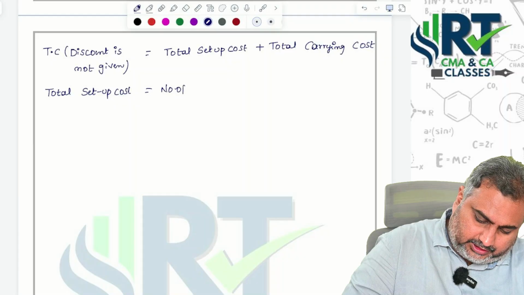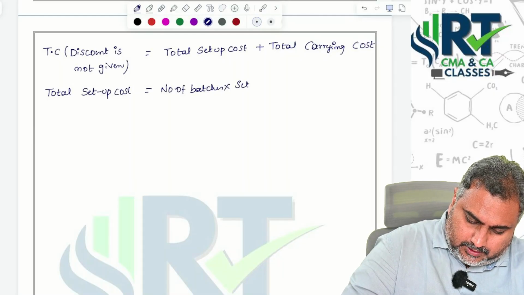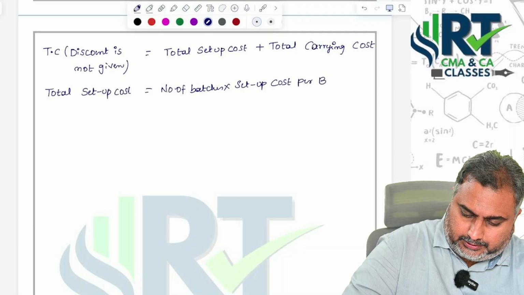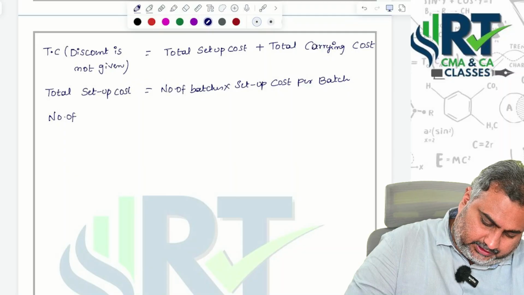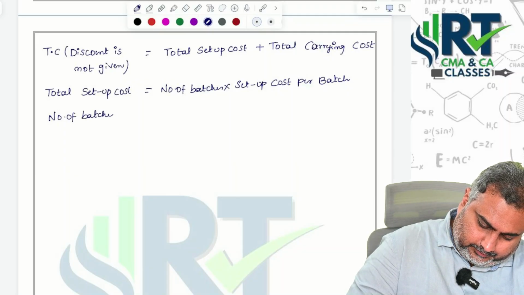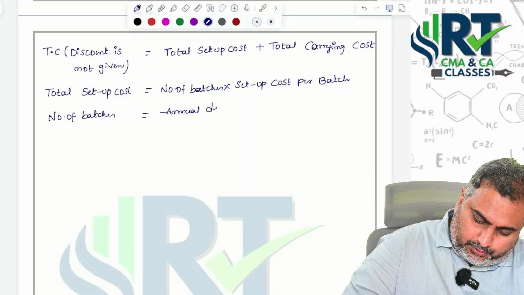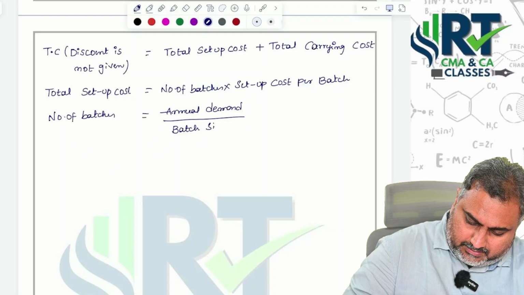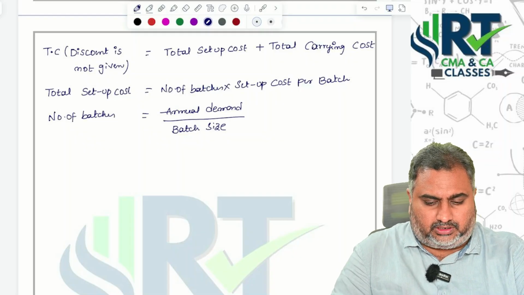Number of batches into setup cost per batch. How to find out number of batches? Annual demand divided by batch size. Yes sir, this is the total setup cost formula.